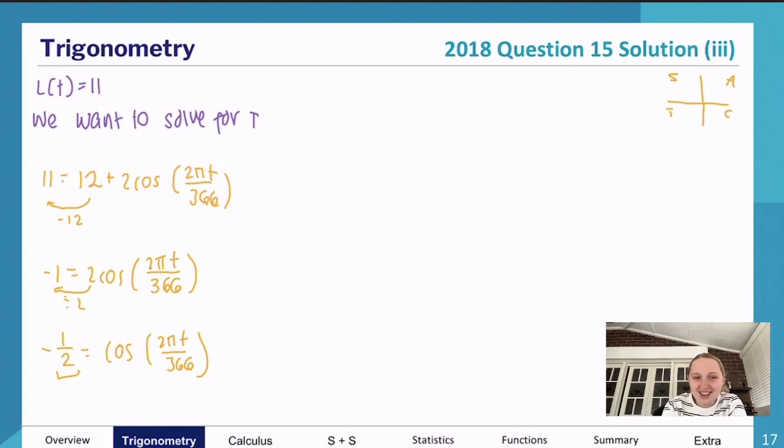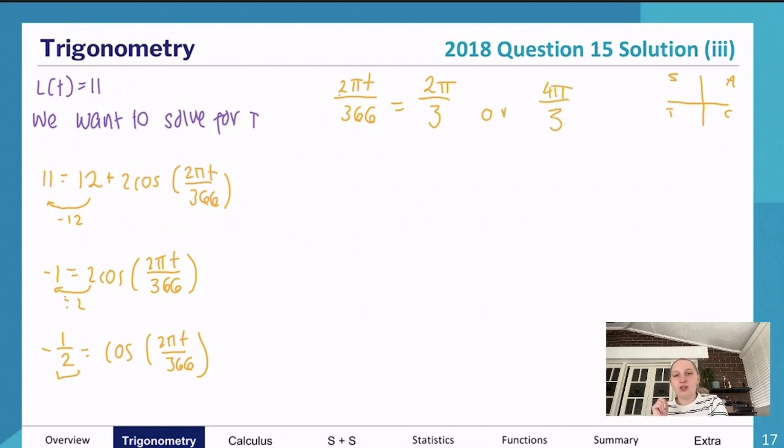Okay, so if we've got cos is equal to negative 1/2, then we're going to be able to say that 2 pi t on 366 is equal to 2 pi on 3 or 4 pi on 3.